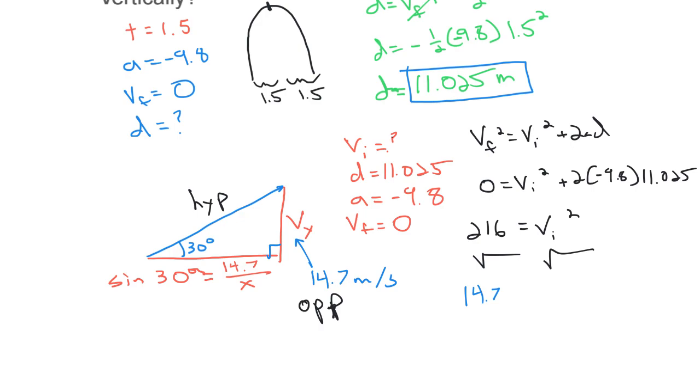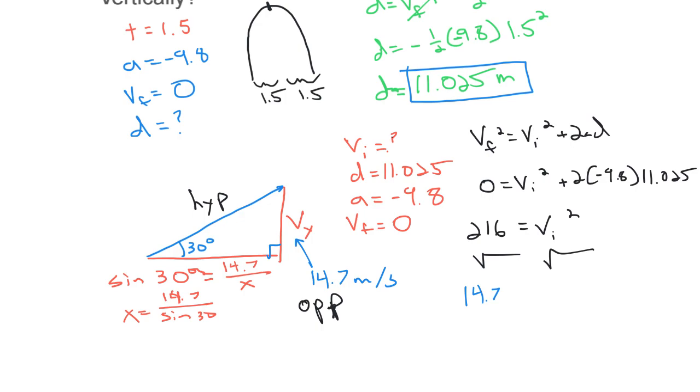This just needs rearranged a little bit. X equals 14.7 divided by the sine of 30. Plug that in. 14.7 divided by the sine of 30 gives me 29.4.